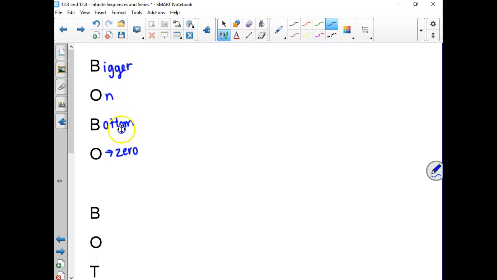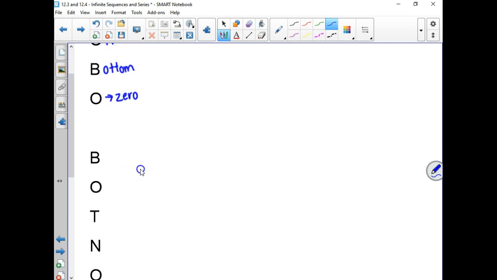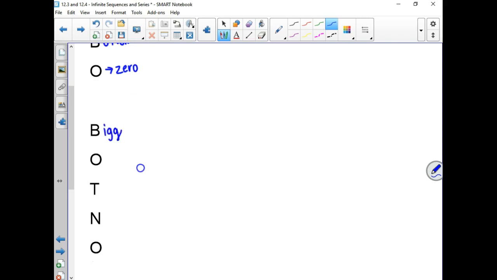So if your exponent is bigger on the bottom, the limit is always 0. Okay? If it's bigger on top, not 1, which means limit does not exist, which means positive infinity or negative infinity.